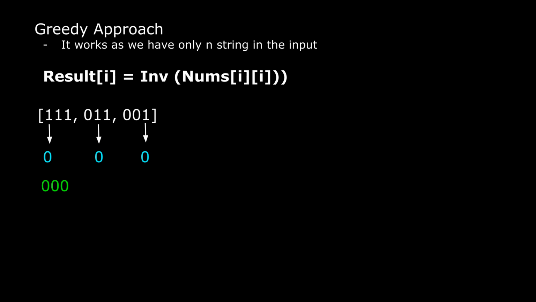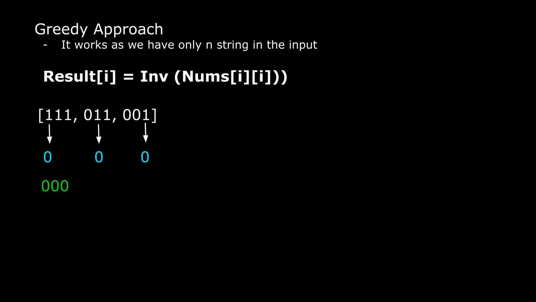In the first example, we have 011 and 001. In the output string, we're going to have 3 bits. From the first string, we pick the first bit and invert it. From the second string, we get the second bit, and from the third string the third bit, and we invert each bit and add it to the output.